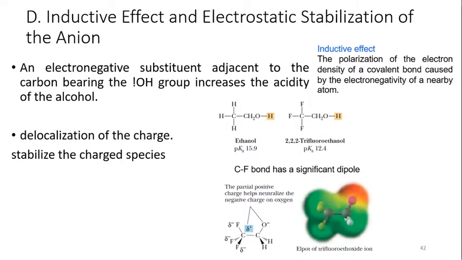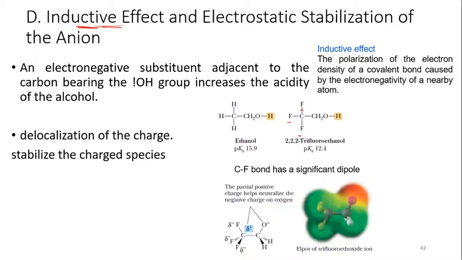Another factor that can affect acidity is the inductive effect and the electrostatic stabilization of the anion. By the inductive effect we mean the polarization of the electron density of the covalent bond caused by nearby electronegative atoms. If you look at trifluoroethanol, we have substituted hydrogens with fluorine atoms.